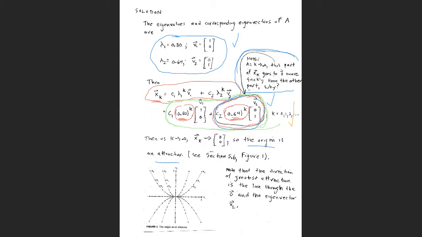And in the little picture here, I actually just took figure 1 from the book and made a copy of it. What they do is show different trajectories, depending on what your initial vector is.